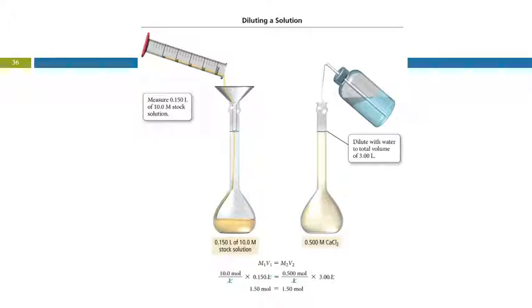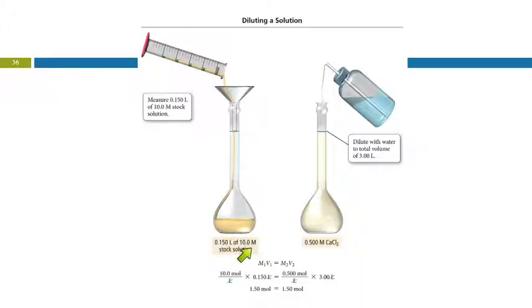So here's an illustration of making a solution using dilution. Here we've got a 10 molar solution, and we're going to use 0.150 liters of that 10 molar solution. We're going to put that into our flask, and then we're going to add more water until we have a total volume of 3 liters.